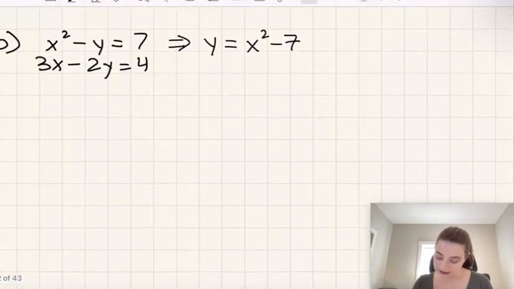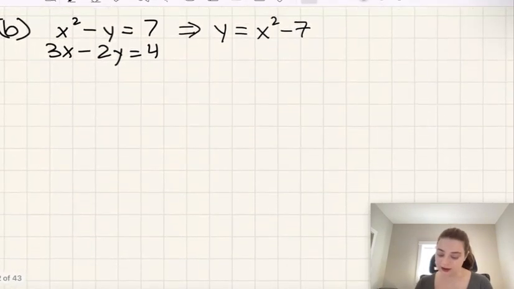For the second one, the first step I need to do is isolate for one of the variables so that I'm able to substitute. So I decided to isolate for y with respect to the first equation, which is our quadratic equation. And recall that x squared minus y is equal to 7 is the same thing as y is equal to x squared minus 7, right? So we're just rearranging this to isolate for y.